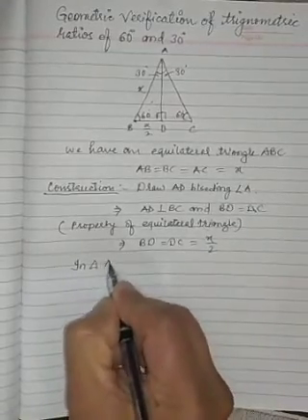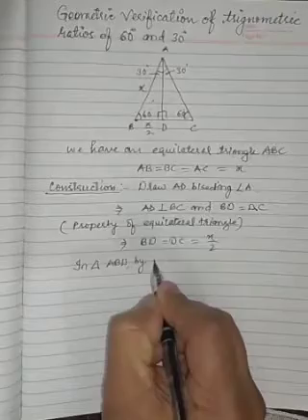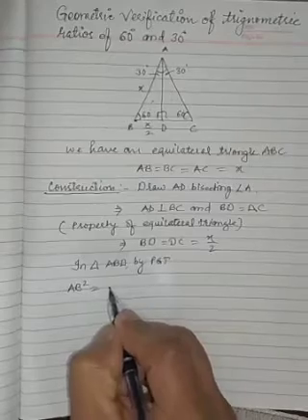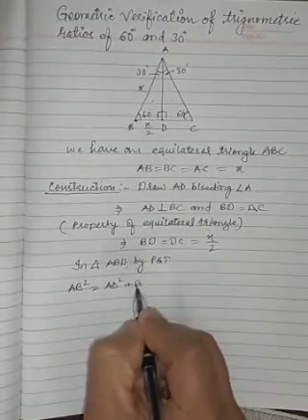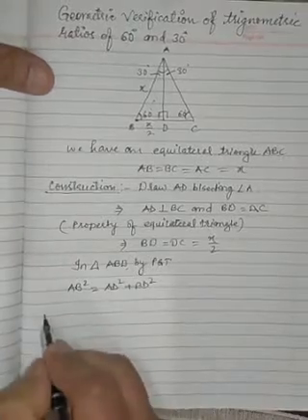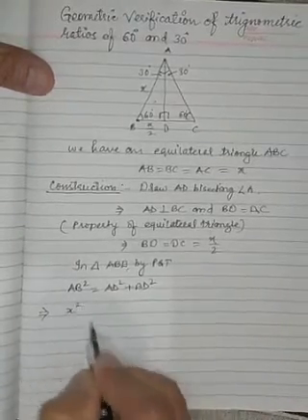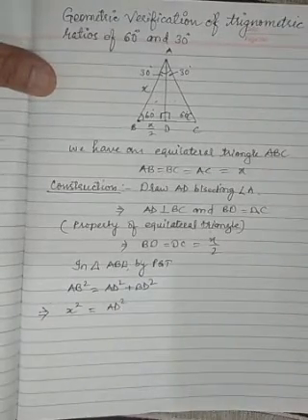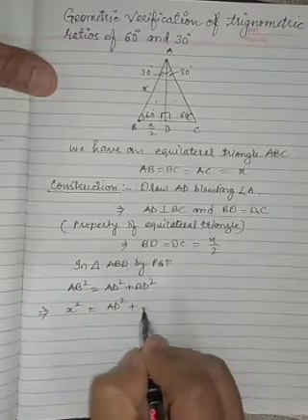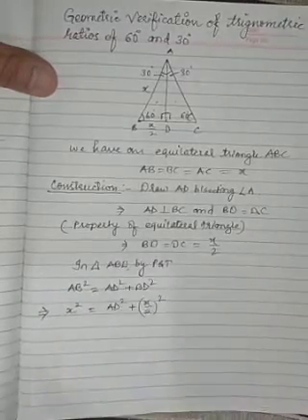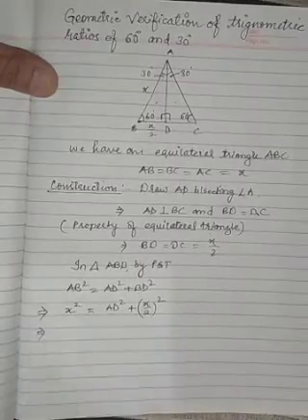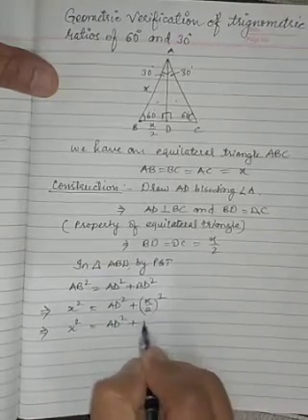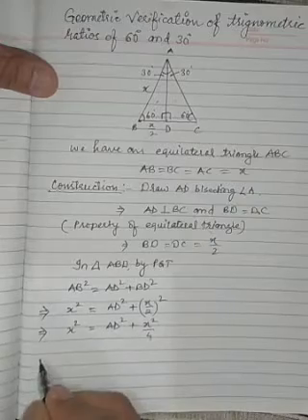So in triangle ABD, by applying Pythagoras theorem, AB square is equal to AD square plus BD square. So AB, which is x square, is equal to AD square plus BD, which is x by 2, so x by 2 whole square. That implies x square is equal to AD square plus x square upon 4 by squaring.